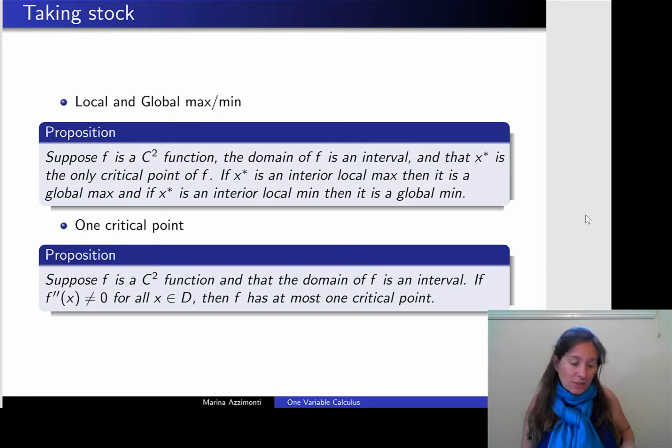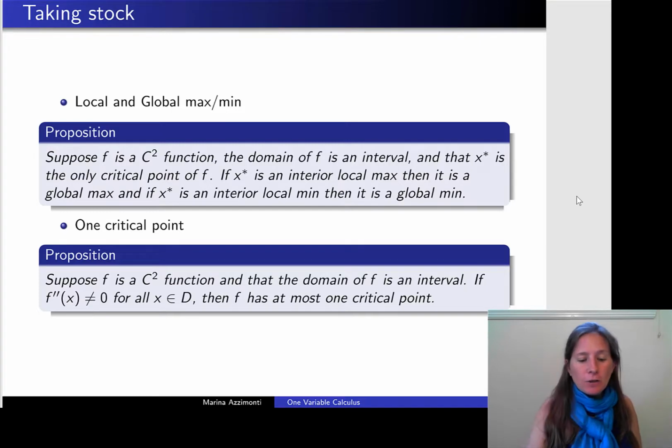The second one, which is also going to come in handy, is that if you have a twice continuously differentiable function f defined over an open set, over some interval, if the second derivative is not equal to 0, so if it's either strictly concave or strictly convex for the whole domain, then f is going to have at most one critical point.